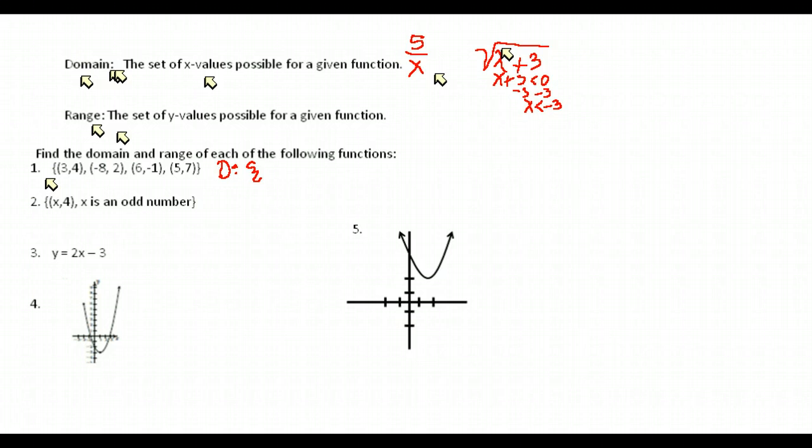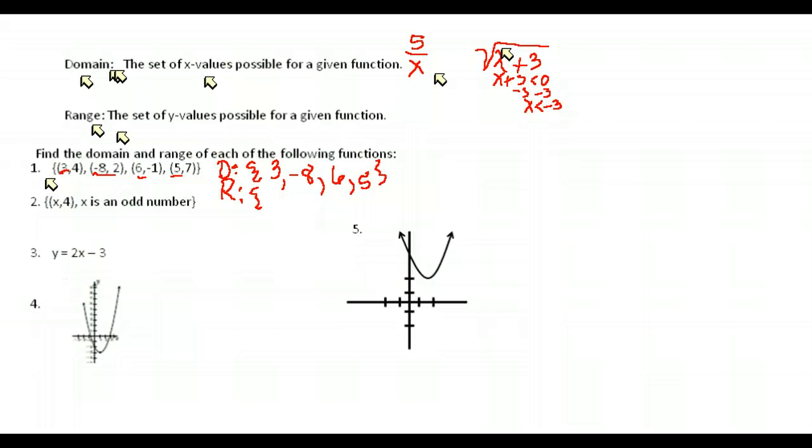All you're going to do is list the x values. This was distinct points that they gave us, okay, and not like an interval. So we just list the points. The domain would be 3 and negative 8 and 6 and 5, because those were our x values for our points. Okay? Range is the y values.